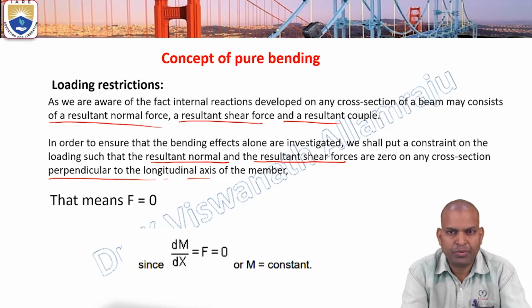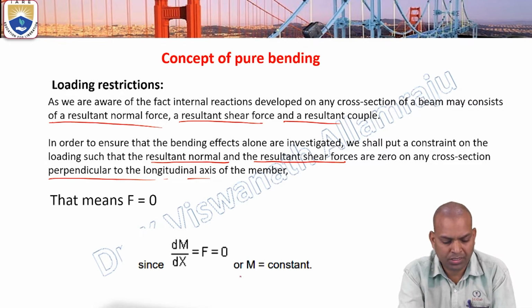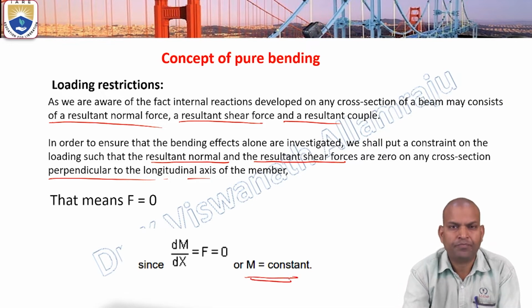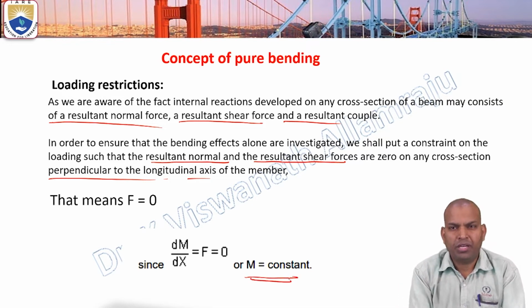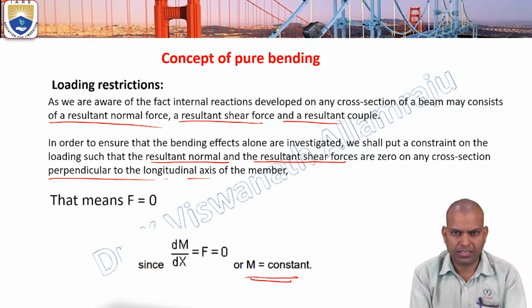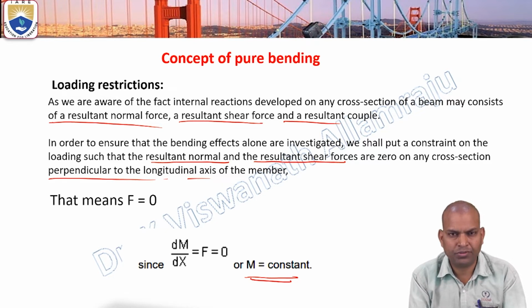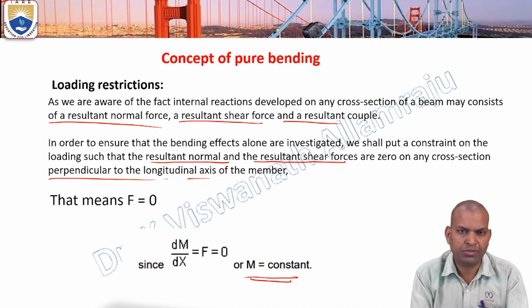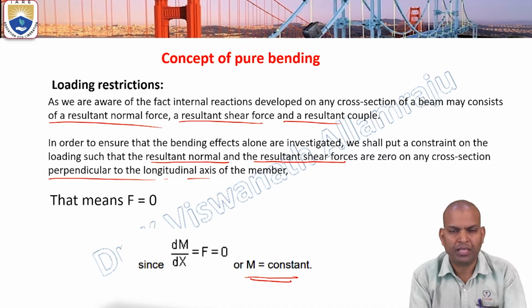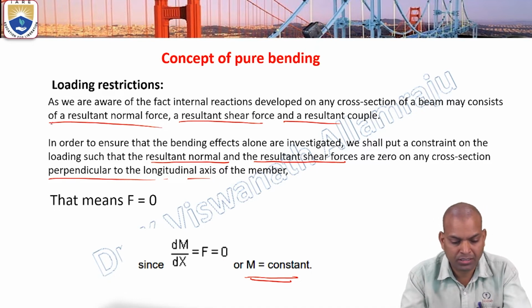The rate of change of moment, dM/dx, is known as the shear force, and that equals 0. That means there is no change in moment dM, so M remains constant.